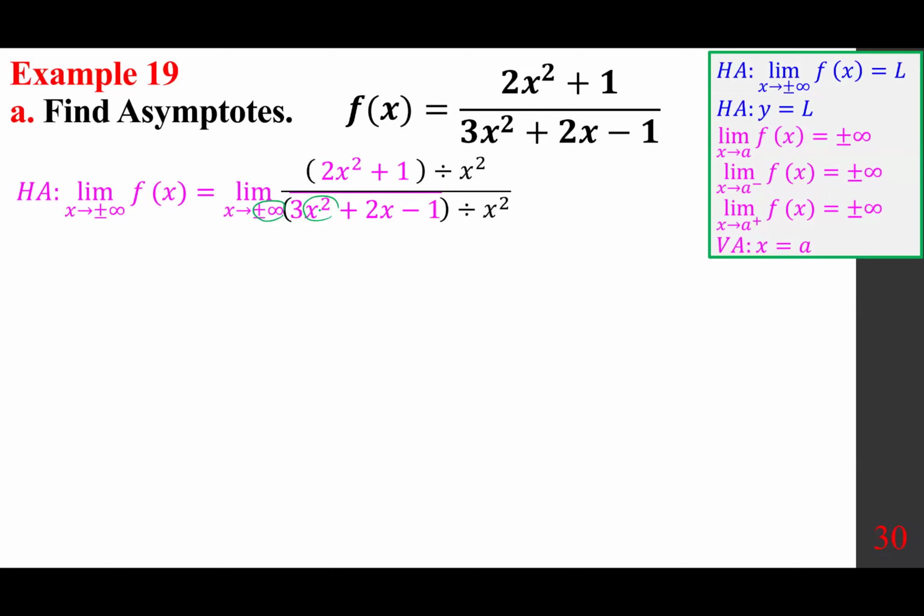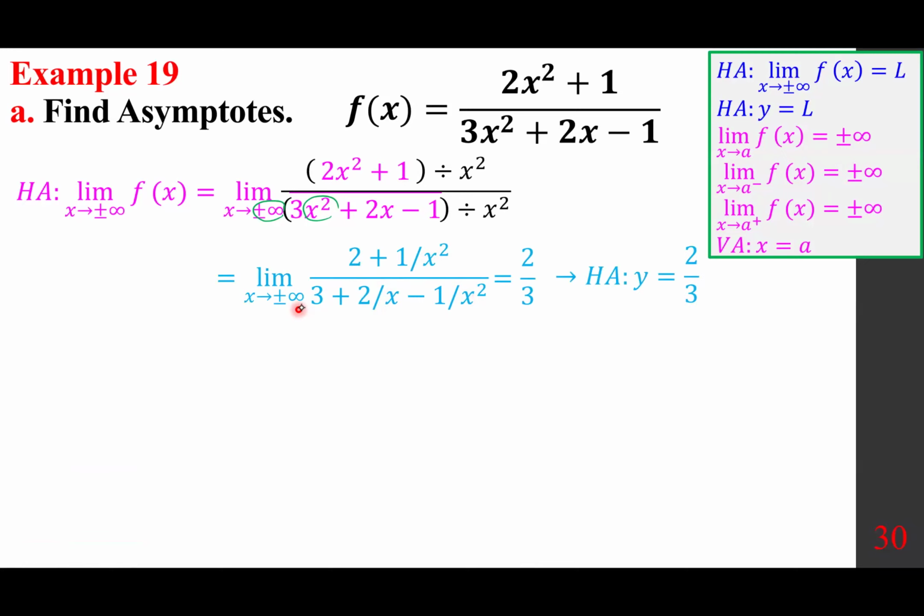So we divide everything by x squared. This is what we get. When x approaches infinity or negative infinity, it makes no difference. This goes to 0, this goes to 0, this goes to 0, you end up with 2/3. And what does it mean? The horizontal asymptote has the equation y equals 2/3.